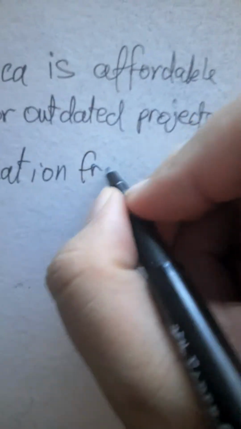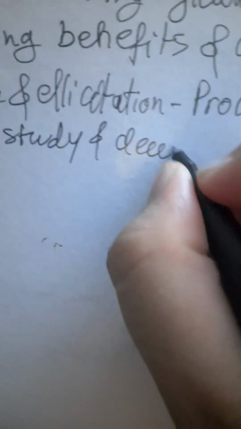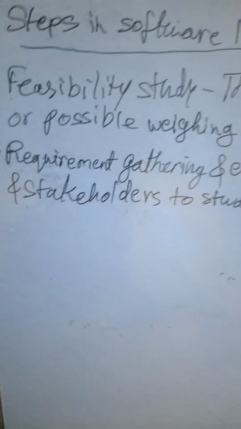The procedure of collecting information from clients, users, and stakeholders, to study and decode them. Then what happens? You have studied whether it is useful to work on it or not. Then you started working on it. You brought the apparatus, like information.